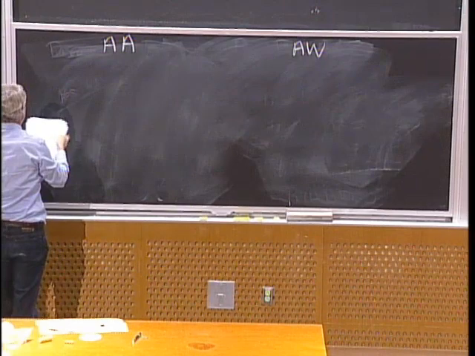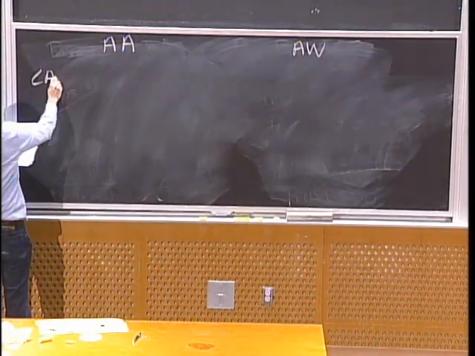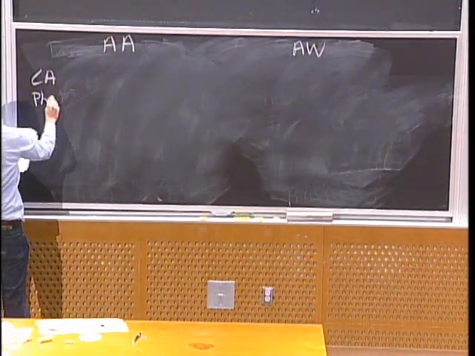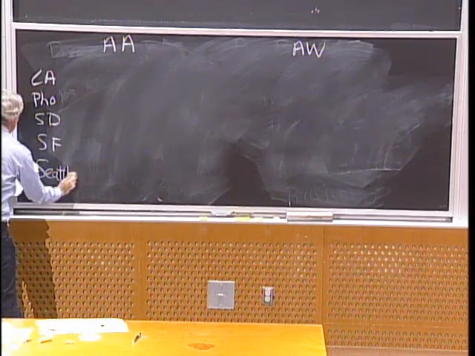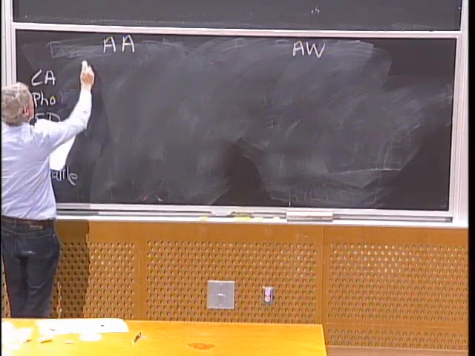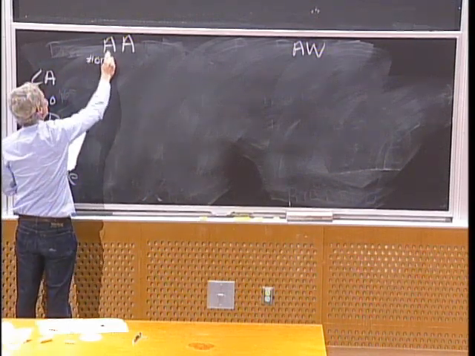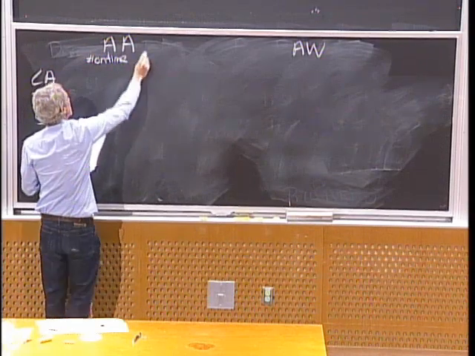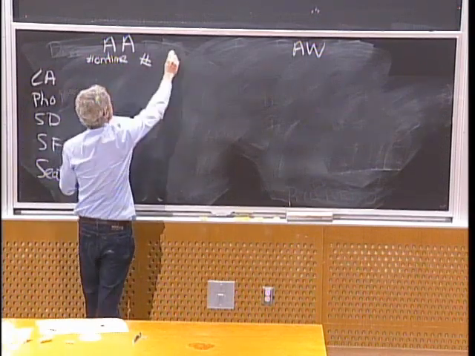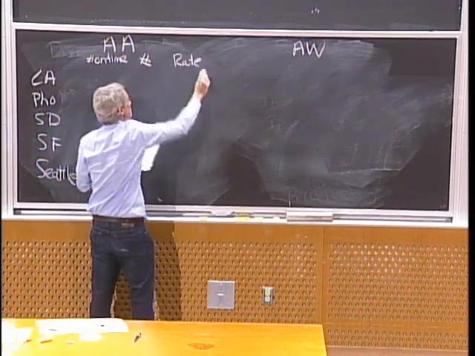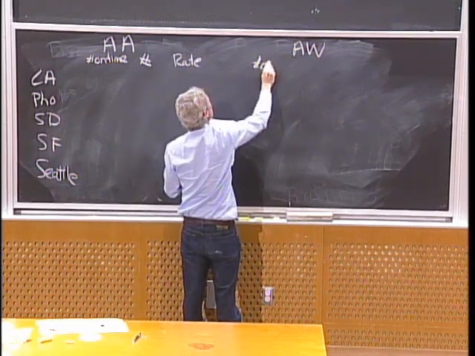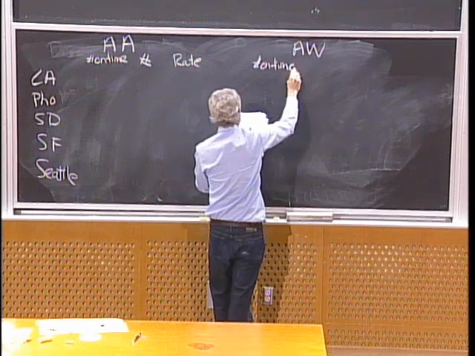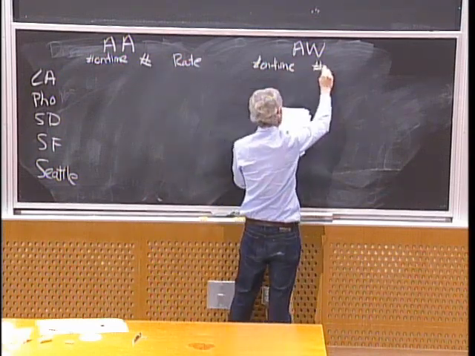And they took 5 cities: LA, Phoenix, San Diego, San Francisco, and Seattle. And then you looked at the number on time, the number of flights, and then the rate, percentage on time. And then same thing here, number on time, number of flights, and the rate.